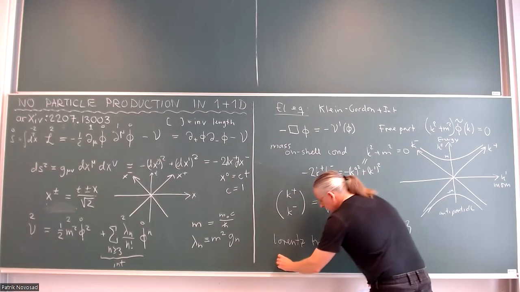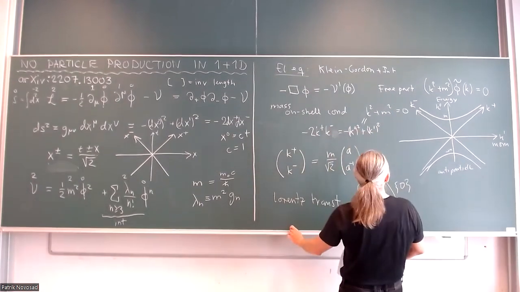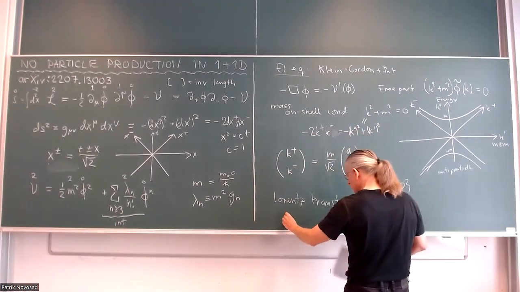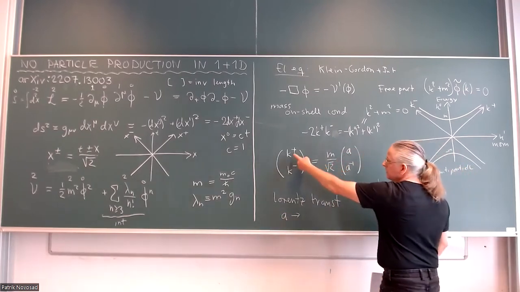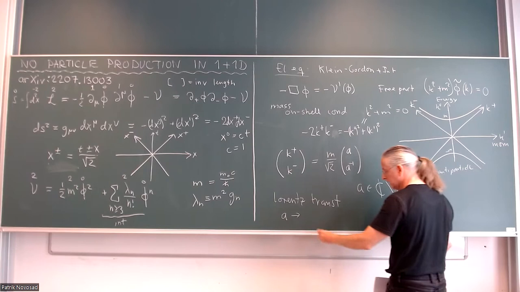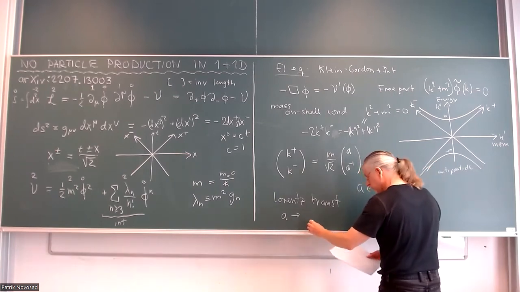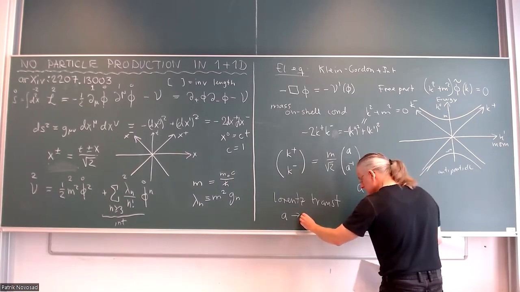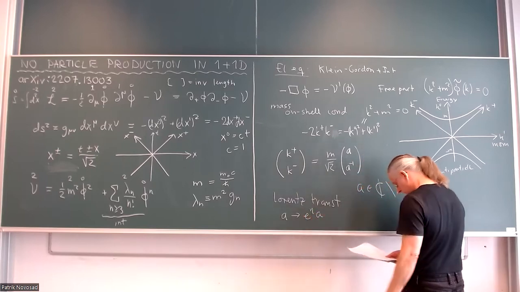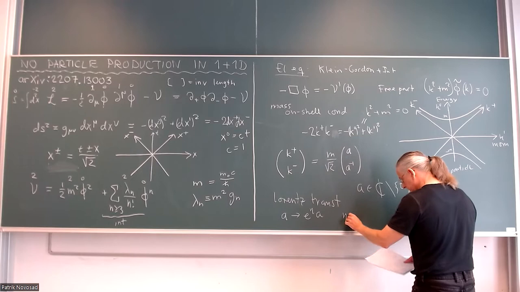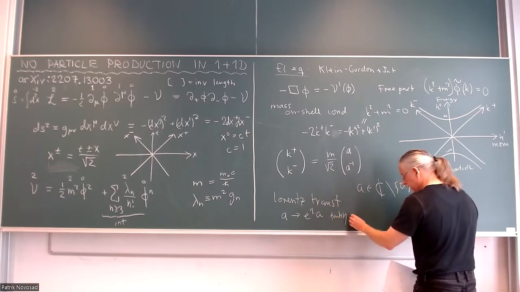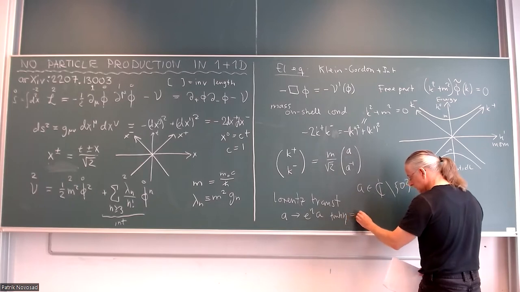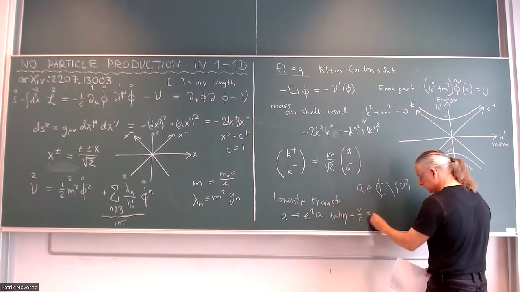I don't know if you're familiar with light cone coordinates, but it's very simple to boost. Remember that a is essentially the same as k plus, the plus component of momentum. So the boost is just that you take e to the eta times a, where eta is the rapidity. So the tanh of eta is the same as v over c, sometimes called beta.